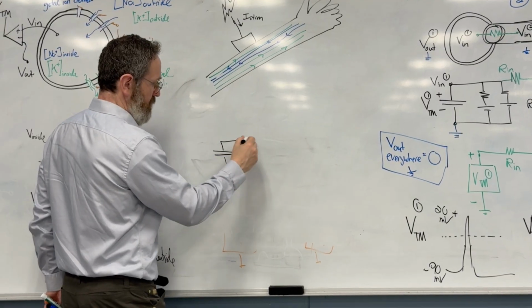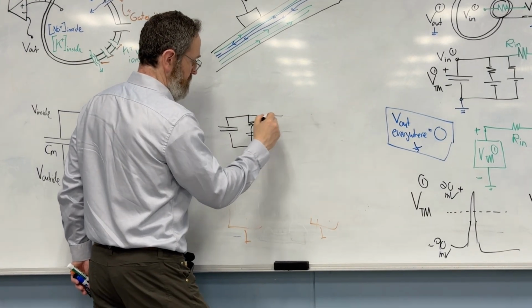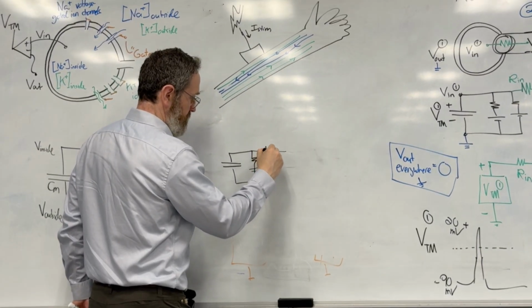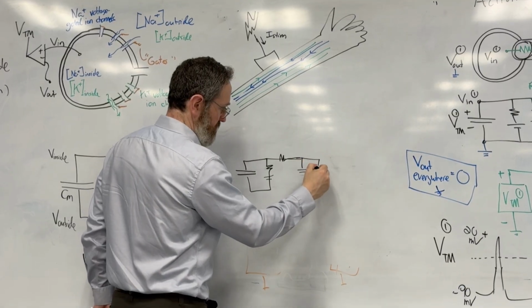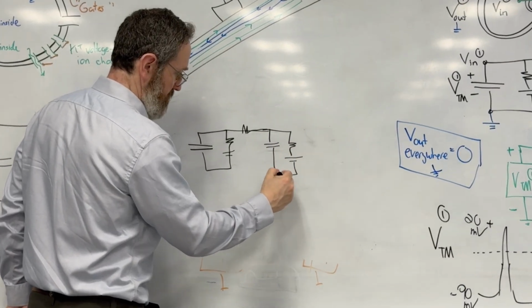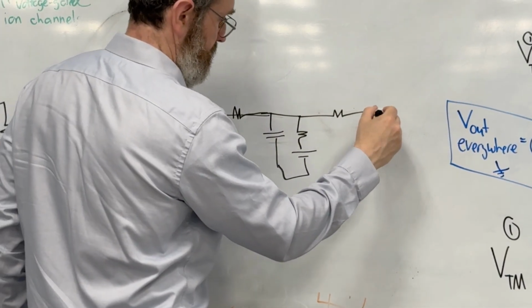I'm going to draw it shorthand. So this is one compartment. Here's our next compartment. I shouldn't draw anything shorthand, but I want to just set this up, right? Here's the next compartment.